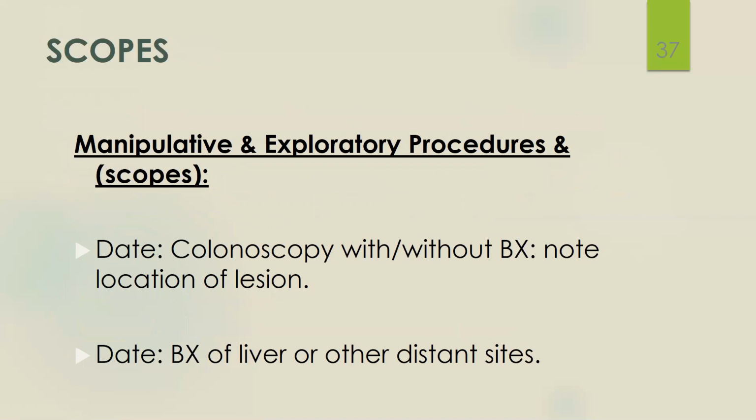Any kind of scopes that might have been done, a colonoscopy, sigmoidoscopy, any kind of a biopsy of the liver, anything that was manipulative or exploratory goes here in this section.